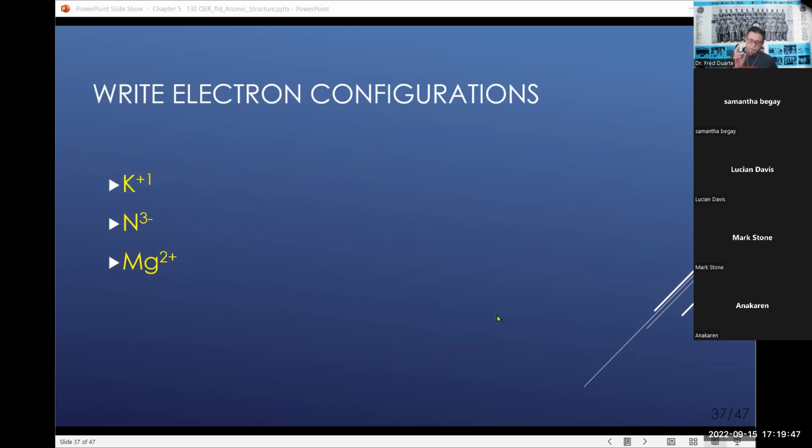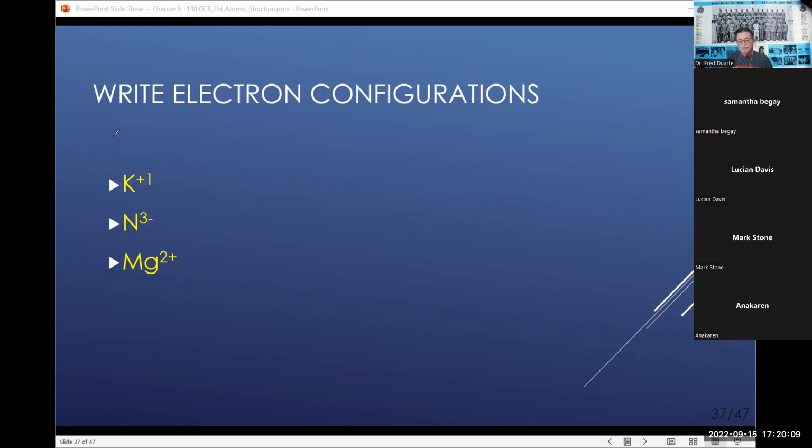So in this scenario, they're asking you to write the electron configuration. Now, don't make the mistake of writing the electron configuration for the atom. Read the question carefully, okay? Because they got a charge here.